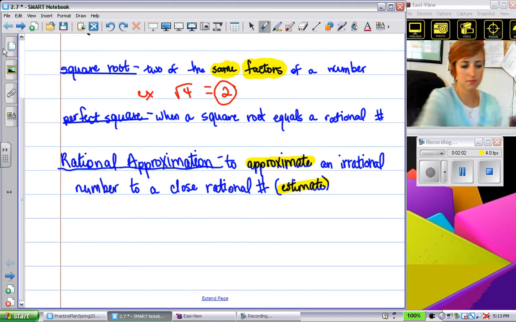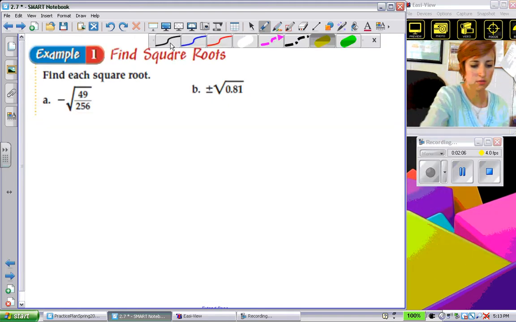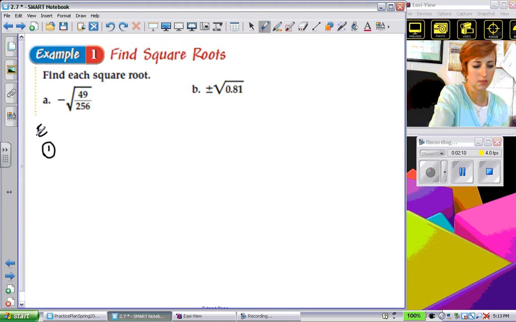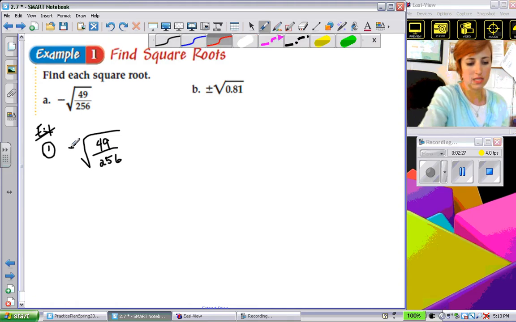Okay. Now, our examples. Example 1, remember to write what I have here in my marker. And we're given a negative square root of 49 over 256. So, even though we see this negative symbol out here, we're just going to drop it down.